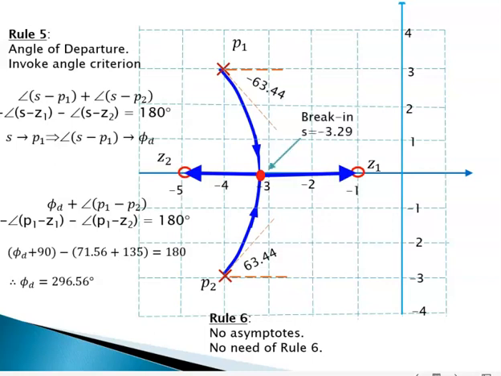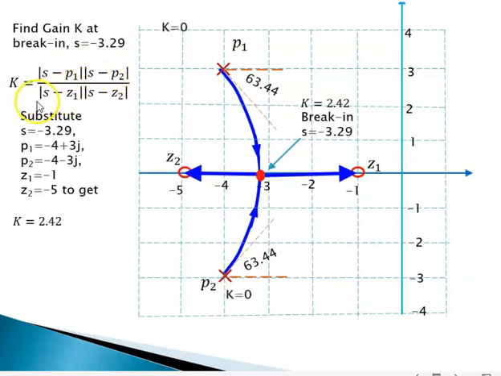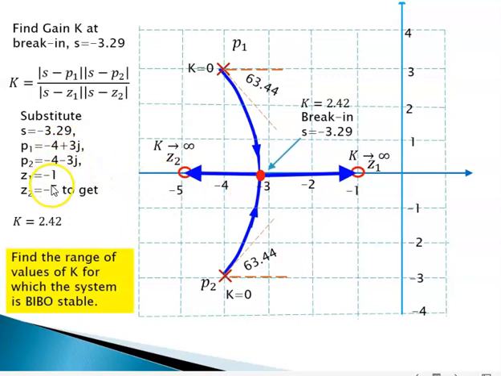So the only thing that you need to find perhaps is the gain at this point, s equal to minus 3.29. To find the gain, substitute K equal to the magnitudes of s minus P1 and s minus P2 divided by so on and so forth. You substitute s equal to minus 3.29 and the P1, P2 values.